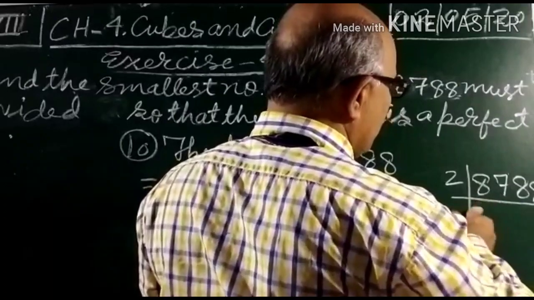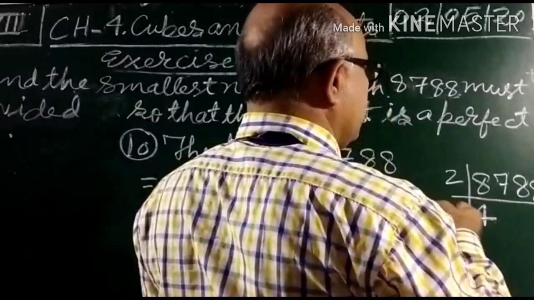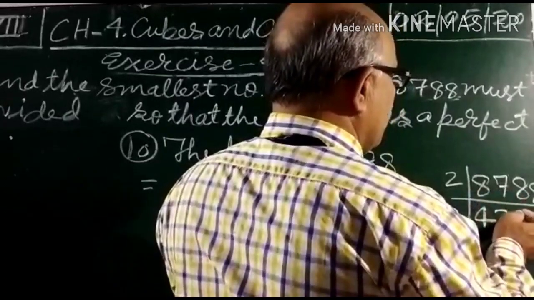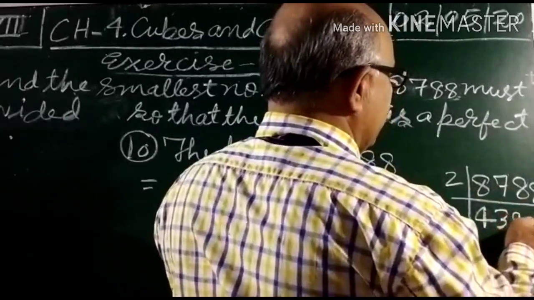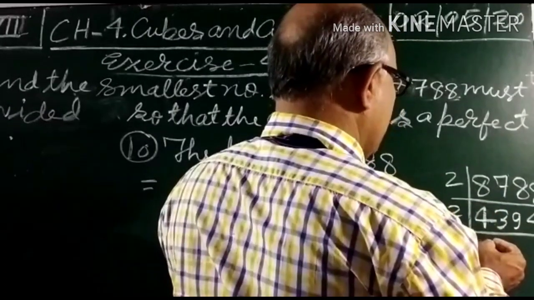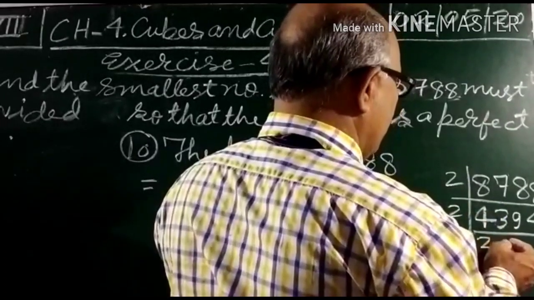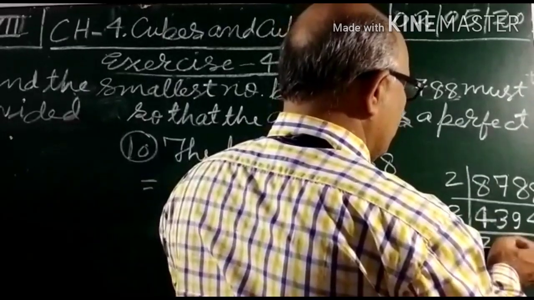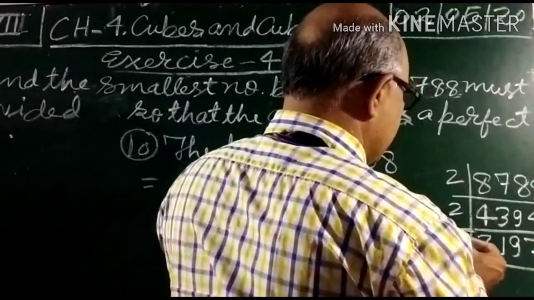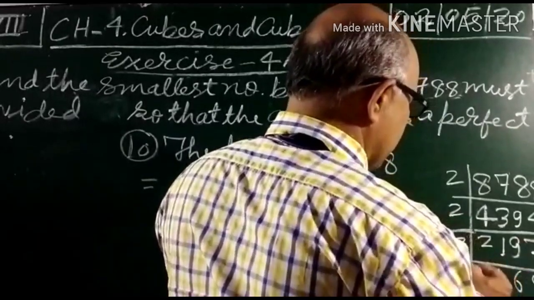First of all, divide by 2. So 2 fours are 8, 2 threes are 6, 2 nines are 18, and 2 fours are 8. Again 2 times: 2 twos are 4, 2 ones are 2, 2 nines are 18 and 2 sevens are 14. Now it is divided by 13, 169.